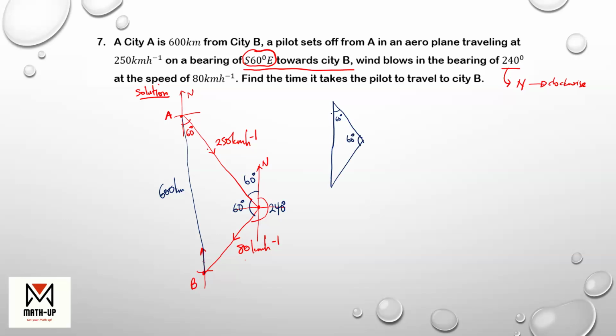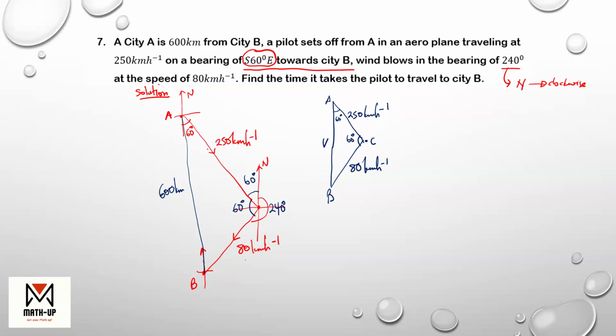And I do not know the velocity, the actual velocity, which he would have taken from A to B. So let me call it V. And I know the velocity he took to move from here to a certain point. Let me call it C. It was 250 kilometers per hour. And here the wind blew at a speed of 80 kilometers per hour.